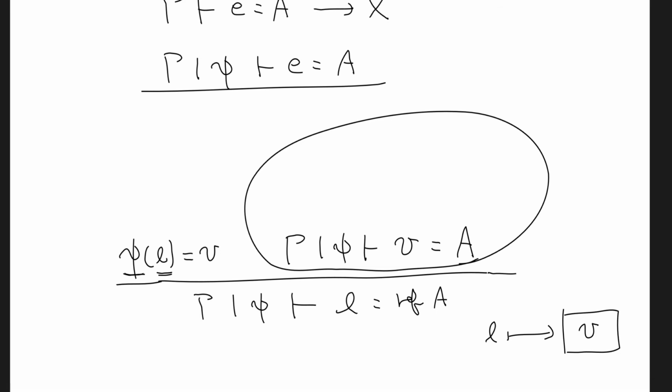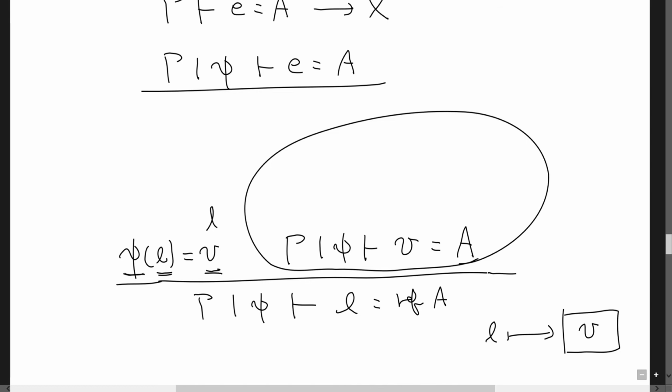And the reason is, in general, this value V itself might contain location L. So in other words, location L is currently pointing to this value V, but inside the value V, you might have a location L. Again, in this case, if you keep trying to complete this typing derivation, eventually you will end up with the same question that you started with.